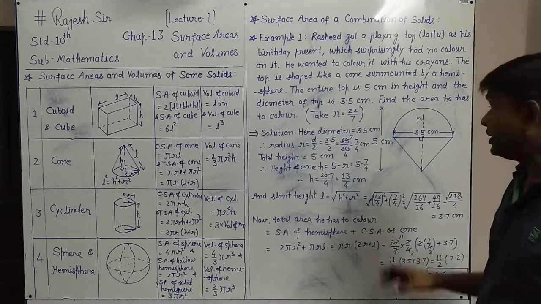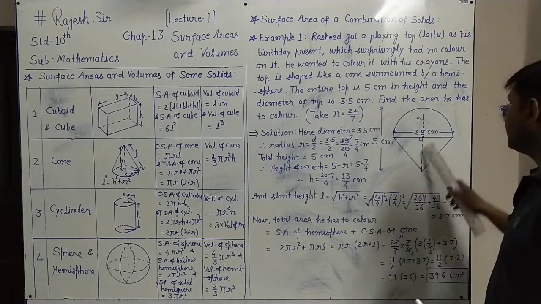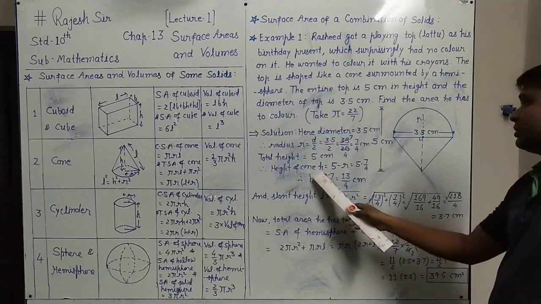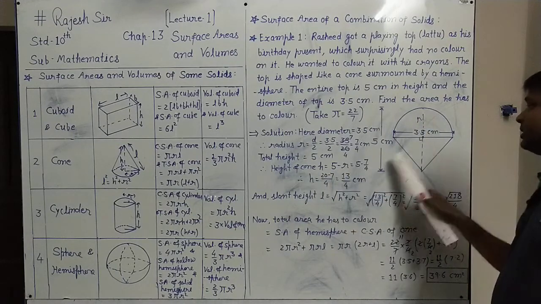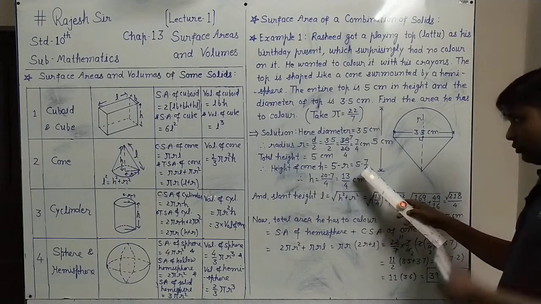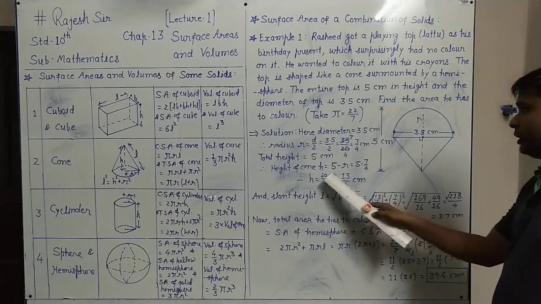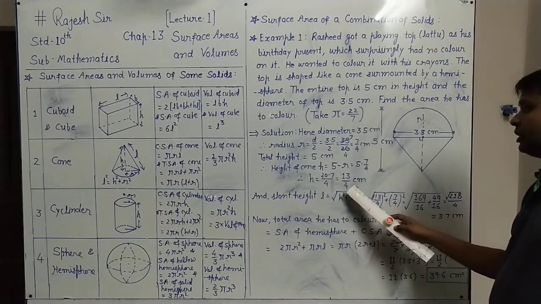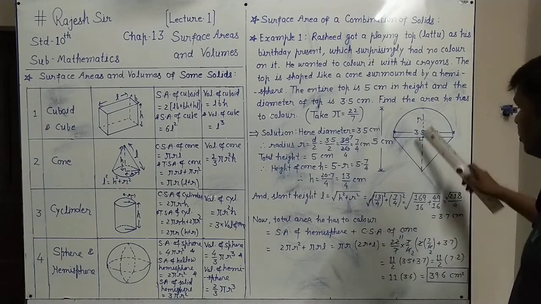If we subtract the radius from the total height, it gives the height h of the cone. So h equals 5 minus 7 by 4. With 4 as the LCM, 5 fours are 20 minus 7 gives 13 by 4 cm, the height of the cone.